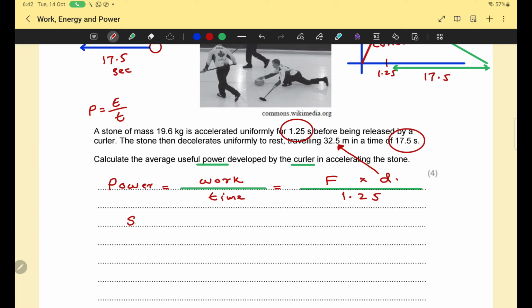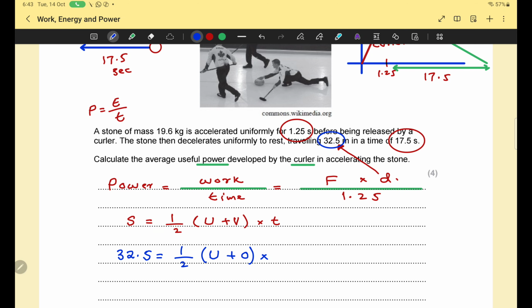If you use this formula, distance is equal to half (u plus v) into time. When the curler released the stone, it has covered a distance of 32.5. Half is a constant. Velocity when the curler released the stone, I do not know, it is u, but the final velocity is 0.